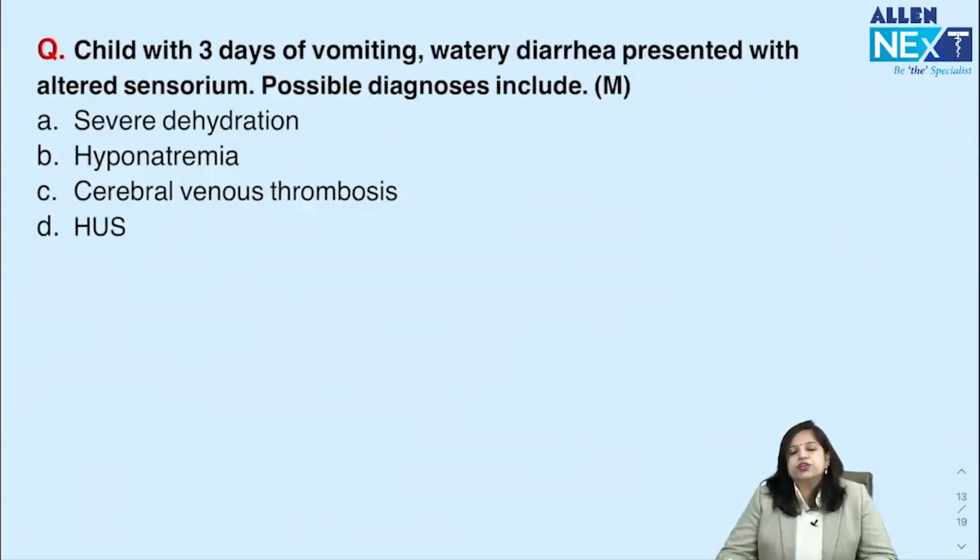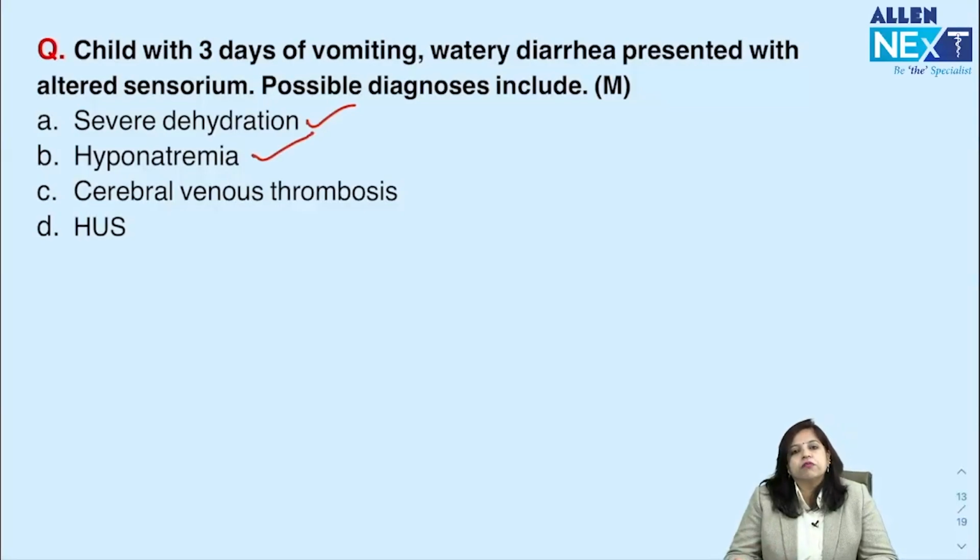So most likely here, if you see, since the child had watery diarrhea and not bloody diarrhea, and the duration is also very short, HUS is definitely not the option over here to be considered. So here, severe dehydration, yes, you know that following vomiting and loose stools, the child can go into severe dehydration, and that is one of the causes for altered sensorium.